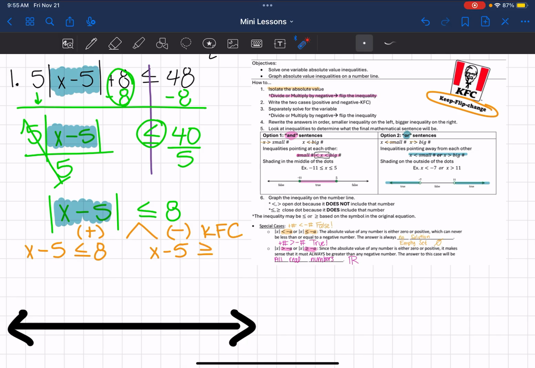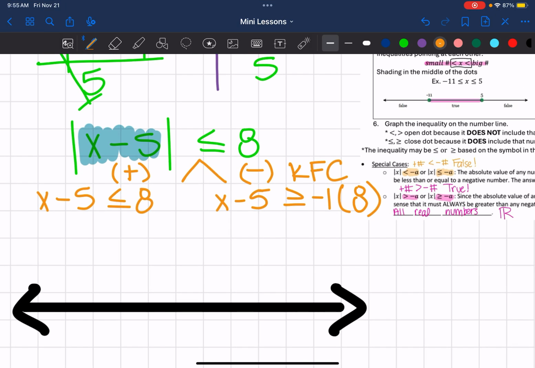Now we're going to change it to be a greater than or equal to symbol. And then the change part is we're going to multiply everything that was on the other side of the inequality with a negative 1. So I'm going to do negative 1, and then in this example, it happens to be just an 8.